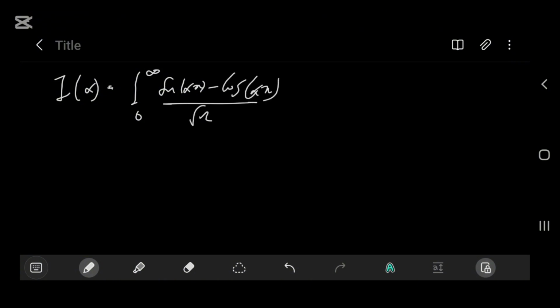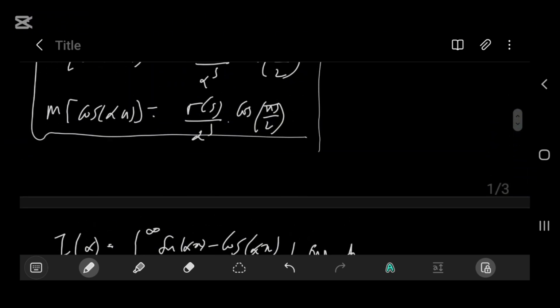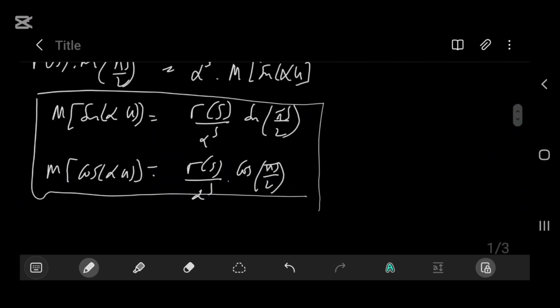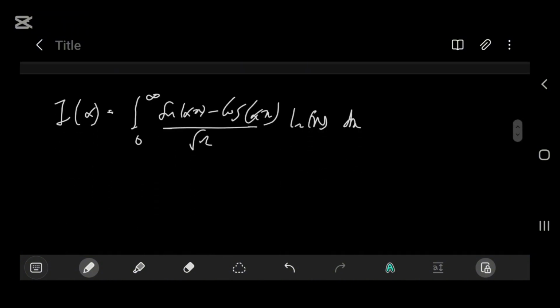We need the integral. Let's write it down first: I of alpha, the integral from 0 to infinity of (sine alpha x minus cosine alpha x) over root x times ln x dx. We have the answers for the Mellin transforms. Let's name this 1 and this 2, and subtract 1 minus 2.